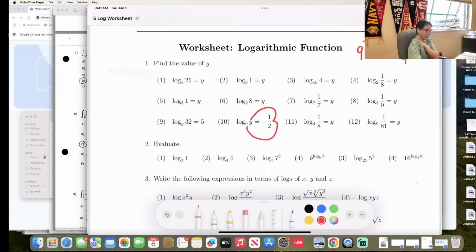Here, a to the m over n is equal to the n root of a to the m. So this is roots, right? This is the power, right? And think about a tree. The tree is green.